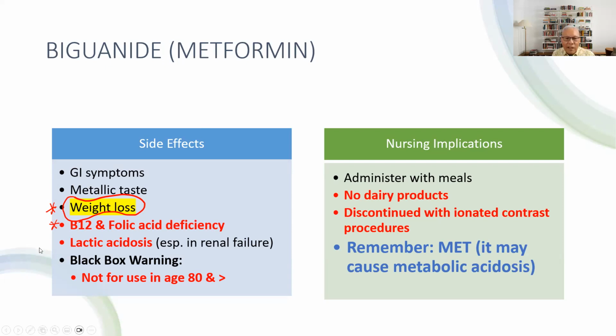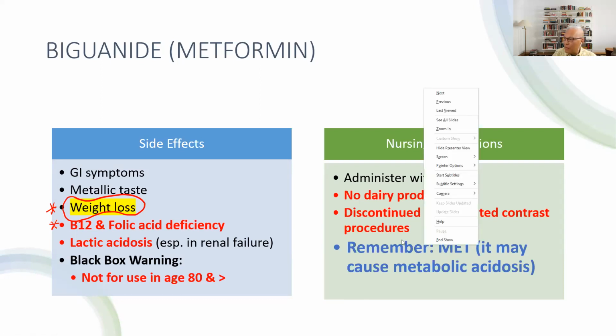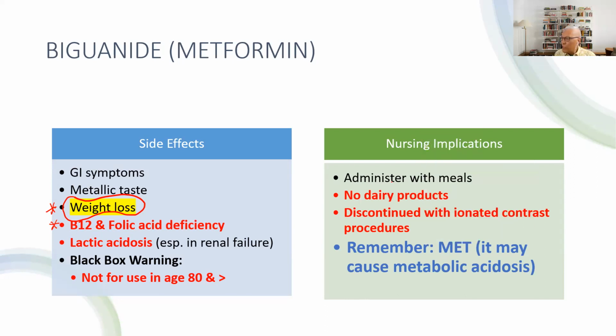Now, the other thing is that if a patient is taking metformin and they're scheduled for a procedure that requires them to be NPO, or a procedure that requires them to have a contrast dye, they should discontinue metformin at least 48 hours before the procedure. Okay, so let me just write that it should be discontinued at least 48 hours before the procedure.